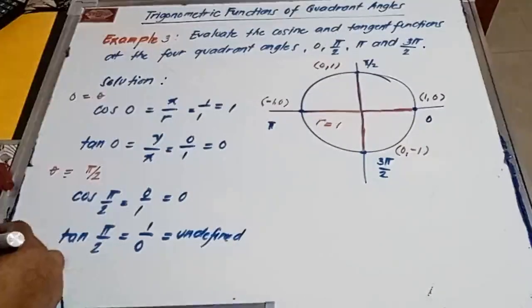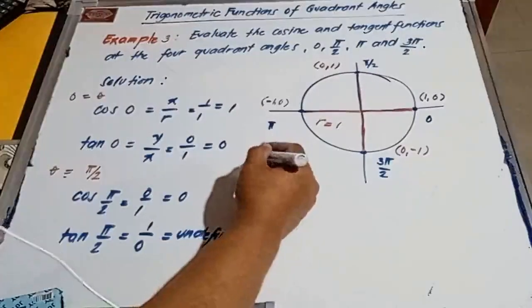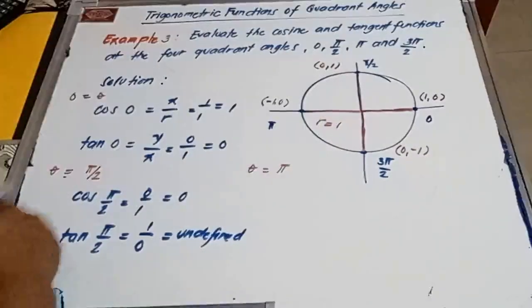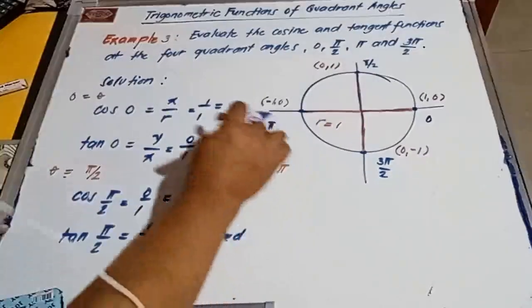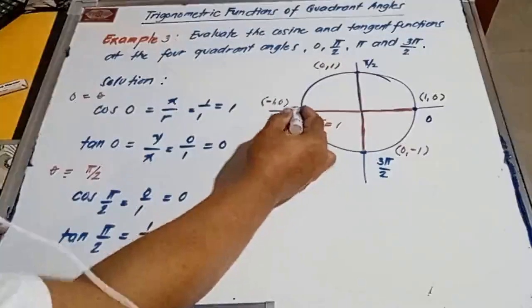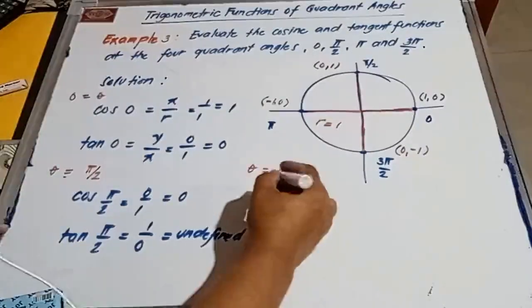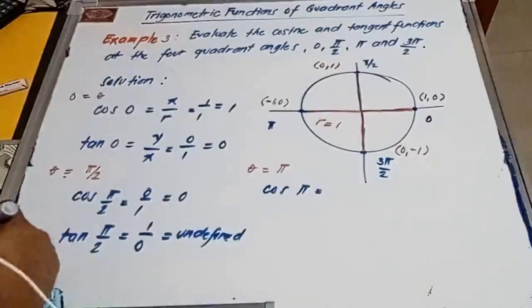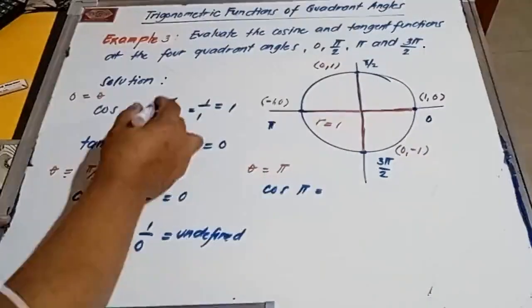Okay. Next, when theta is pi, equal to pi. Pag theta ay pi, ito yung ordered pair dun sa point na yon. Next, cosine pi. Ang cosine is x over r.